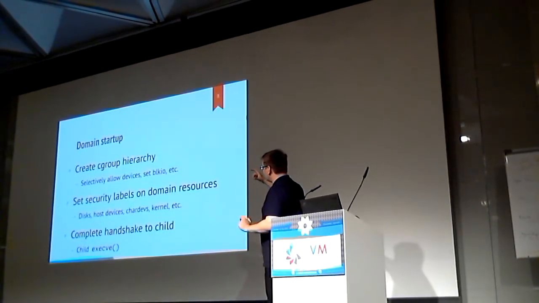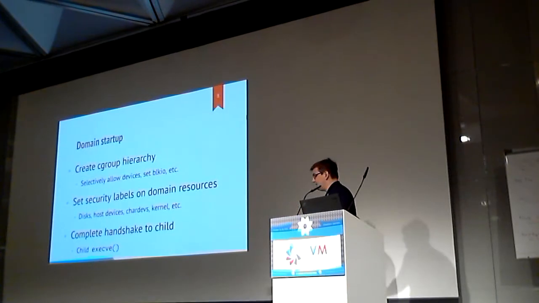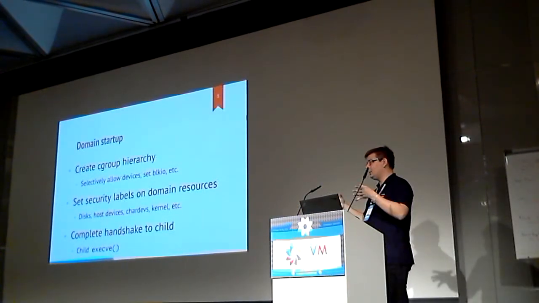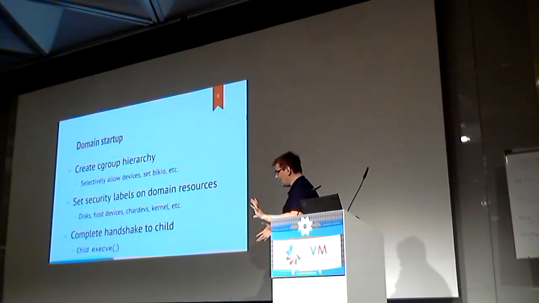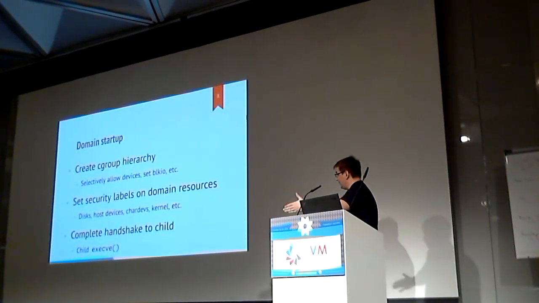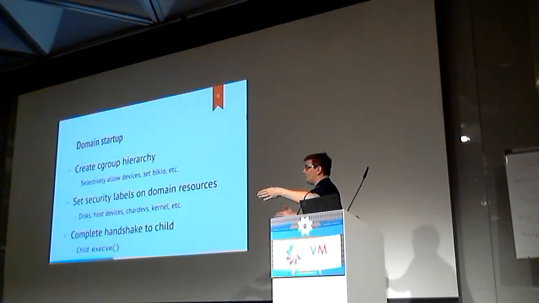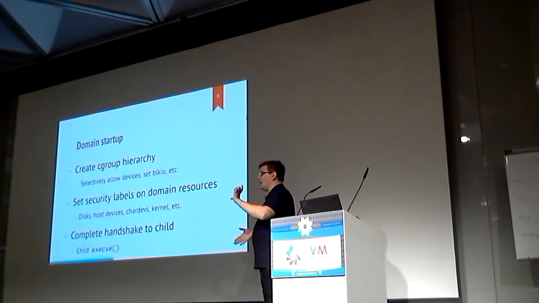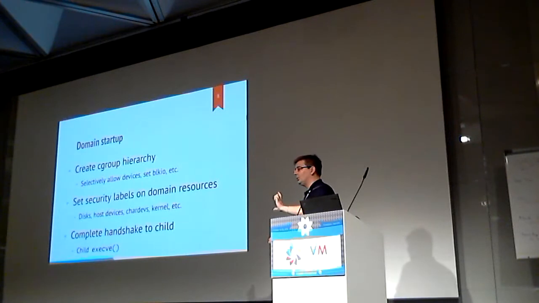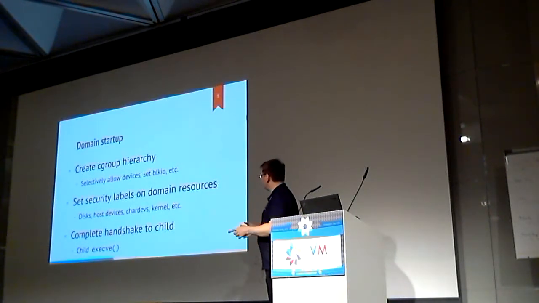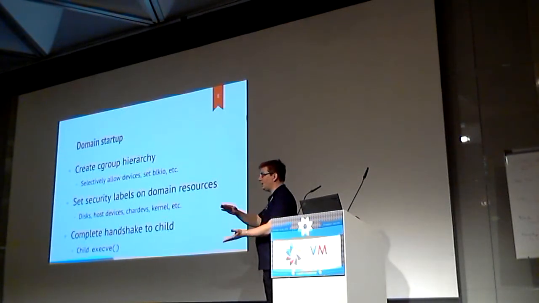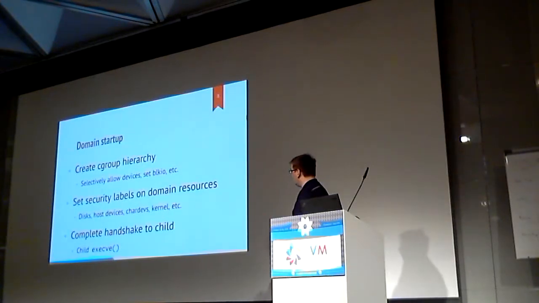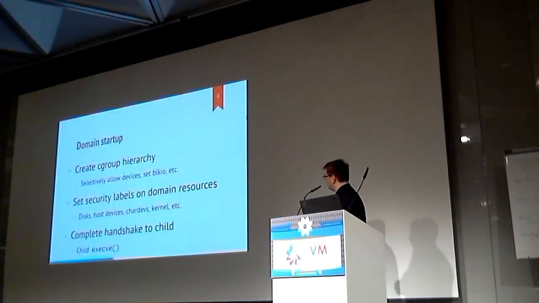Basically, in the CGroup, we selectively allow only the devices that QEMU is going to touch. We use all kinds of CGroups. CGroups are a way of refining how the kernel views the resources. For instance, in the block IO CGroup, you can limit the bandwidth that QEMU is able to read or write from or to disk.